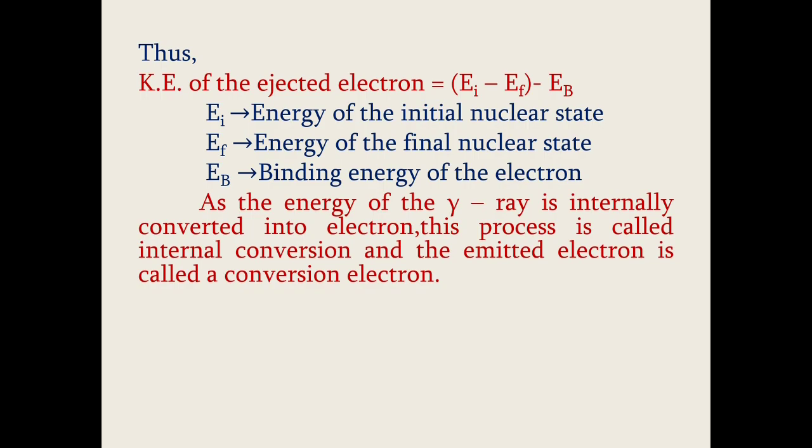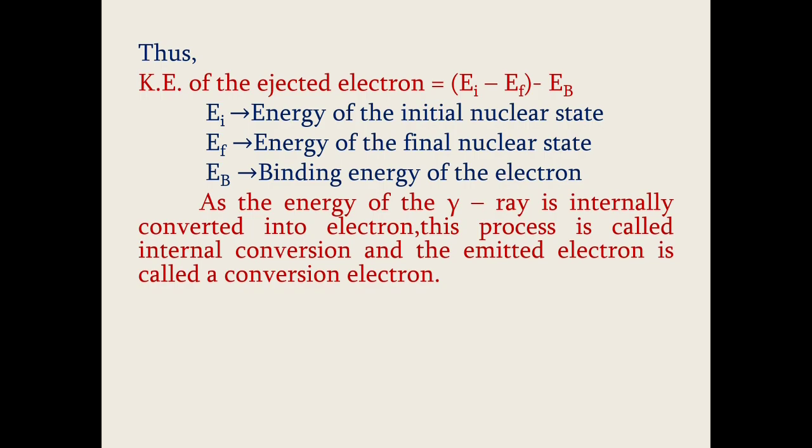Since the energy of the gamma ray is internally converted into the electron, or internally transmitted to the electron, this process is called internal conversion. The energy given out during the nuclear transition is internally given to the electron.